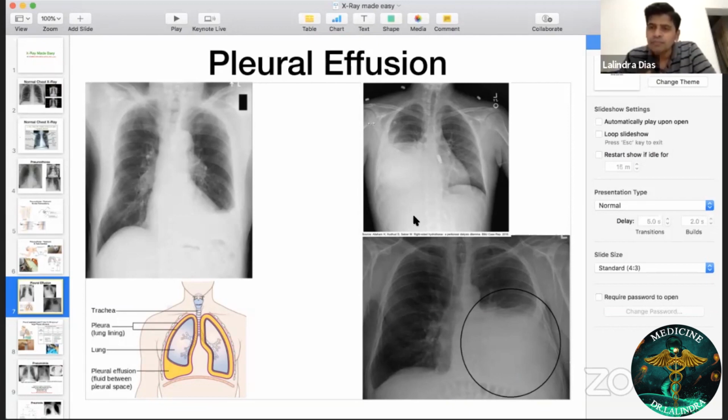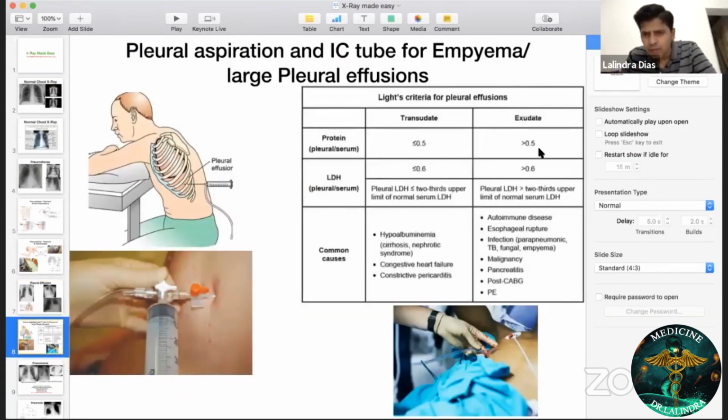So what is an exudate? Pleural fluid albumin or protein divided by serum albumin or serum protein should, in a normal person, be less than 0.5.